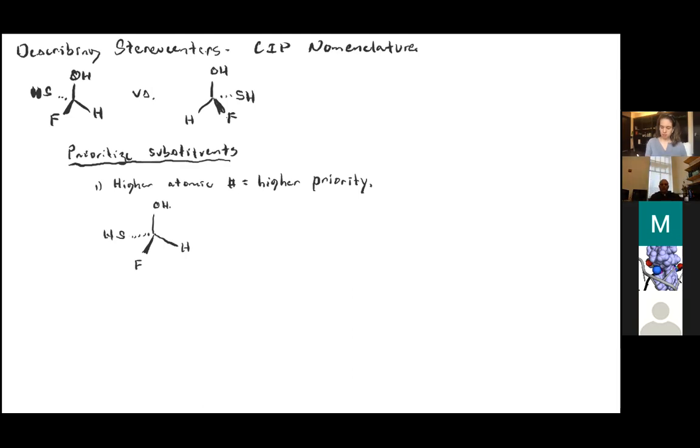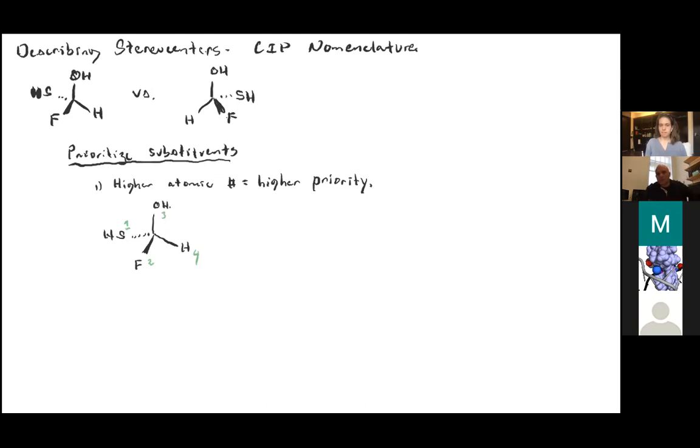And so we look at the substituents and we say, okay, which atom has the highest atomic number? That's going to be sulfur. So that's number 1. Fluorine is number 2. And oxygen is number 3. And if you have a hydrogen attached to a stereocenter, it's always going to be number 4. Okay. So that's the prioritization.